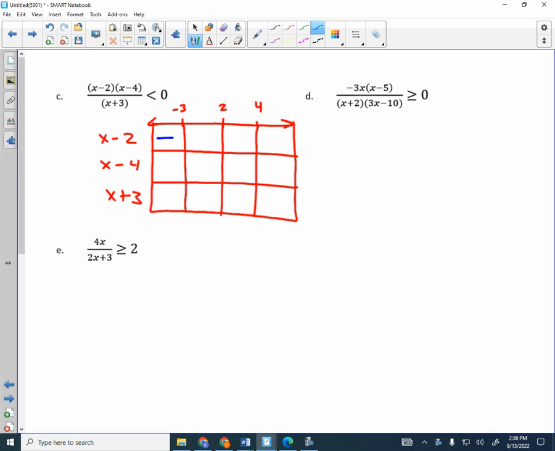Negative 5 minus 4. Negative 5 plus 3. Now, what that tells us is if you would have plugged negative 5 in up here, you would have had a negative times a negative divided by a negative. And if you have 3 negatives, will the result be positive or negative? It will be negative.